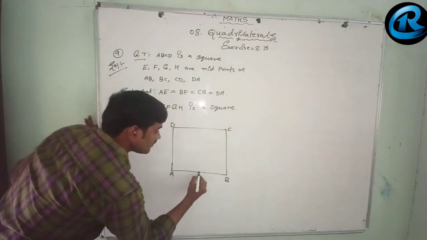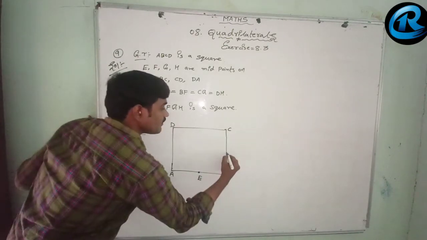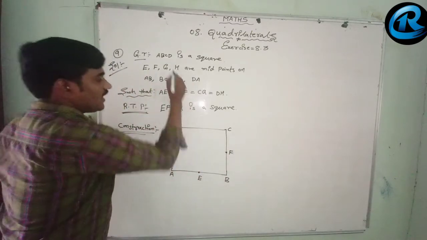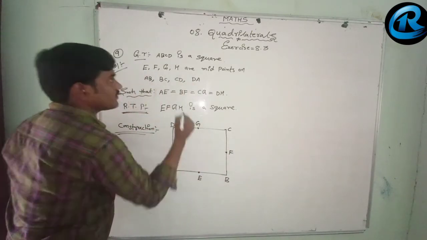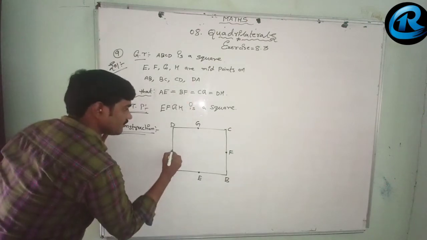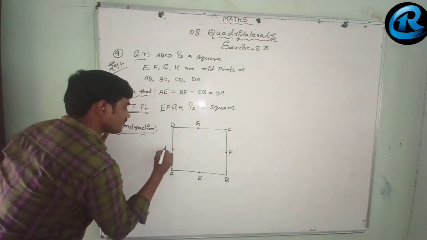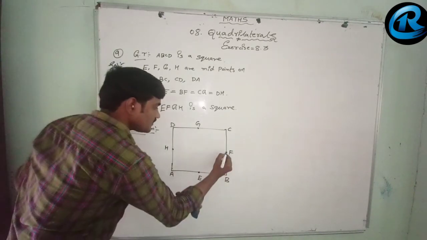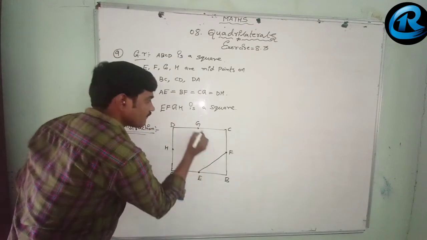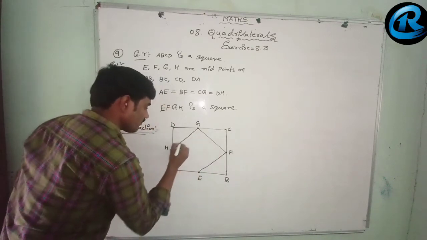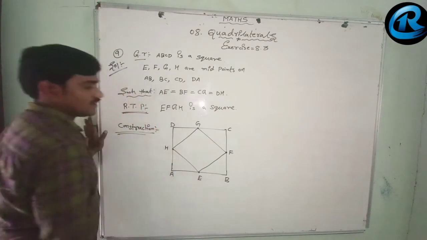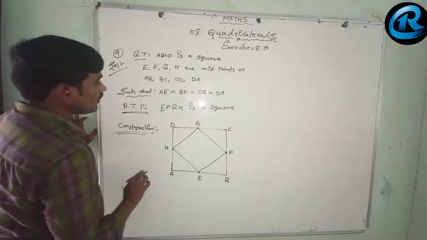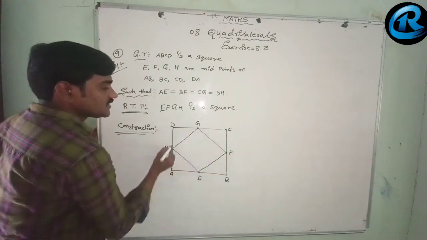E is a midpoint on AB, F is a midpoint on BC, G is a midpoint on CD, and H is a midpoint on DA. Let us join E, F, G, H now. Yes, we have joined them. Now we have to show that this EFGH is also a square.